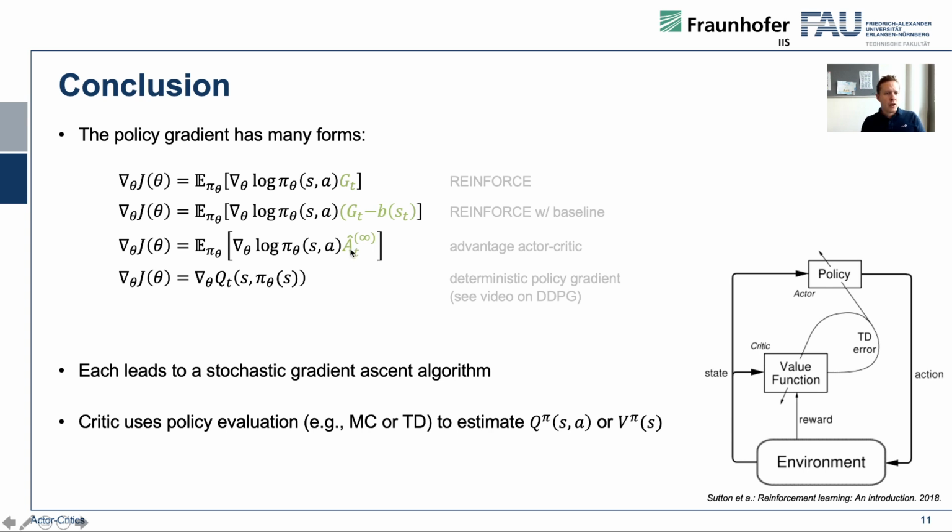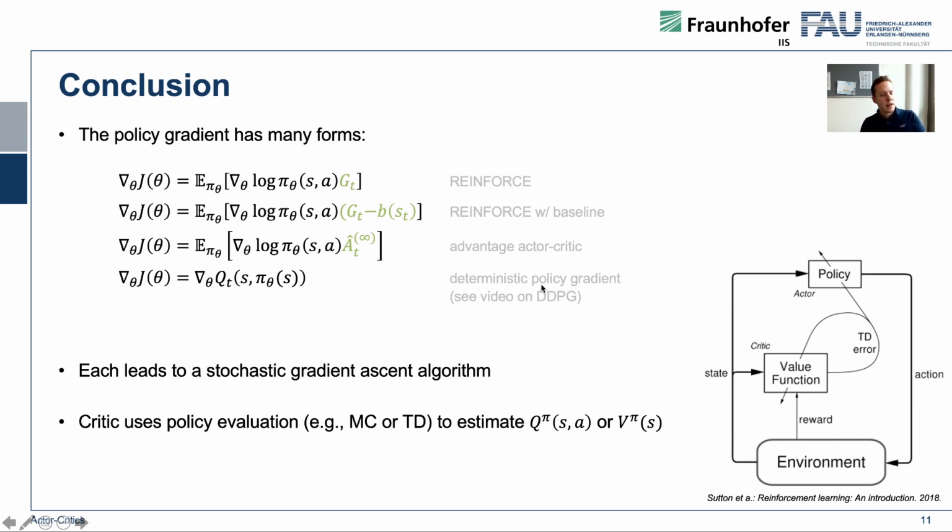Then we introduced our advantage actor-critic idea, where we do not use the sample estimate of the return, but estimate the return by approximating it with the critic, which introduces bias but trades a lot of variance against it. And there is also a somewhat different algorithm called deterministic policy gradient, which we will introduce in a video on deep deterministic policy gradient, another variant of a policy gradient algorithm, but a little different from the other ones.